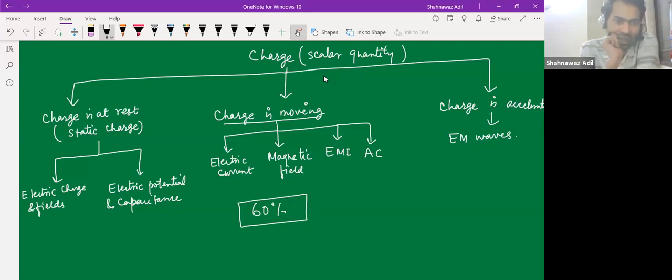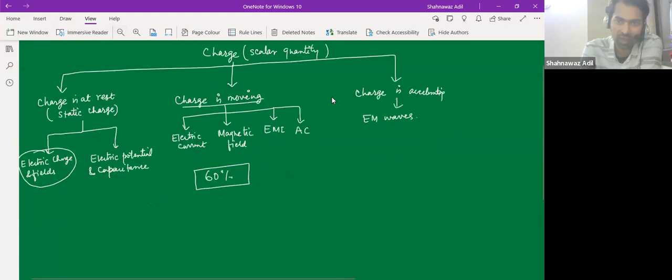So in today's class, we'll start with this first chapter, when the charge is at rest, and then what is electric charge, what is field, what is force, all these things we'll talk about. Okay. So yeah, you guys please note down this part, and then I'll start with the rest. Let me zoom out.